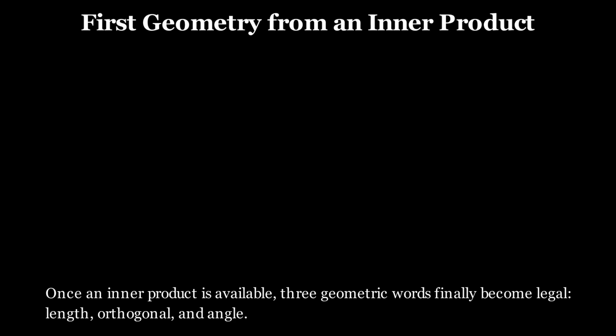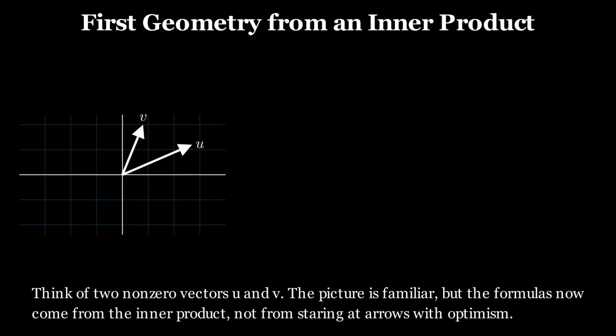Once an inner product is available, three geometric words finally become legal: length, orthogonal, and angle. Think of two non-zero vectors u and v. The picture is familiar, but the formulas now come from the inner product, not from staring at arrows with optimism.